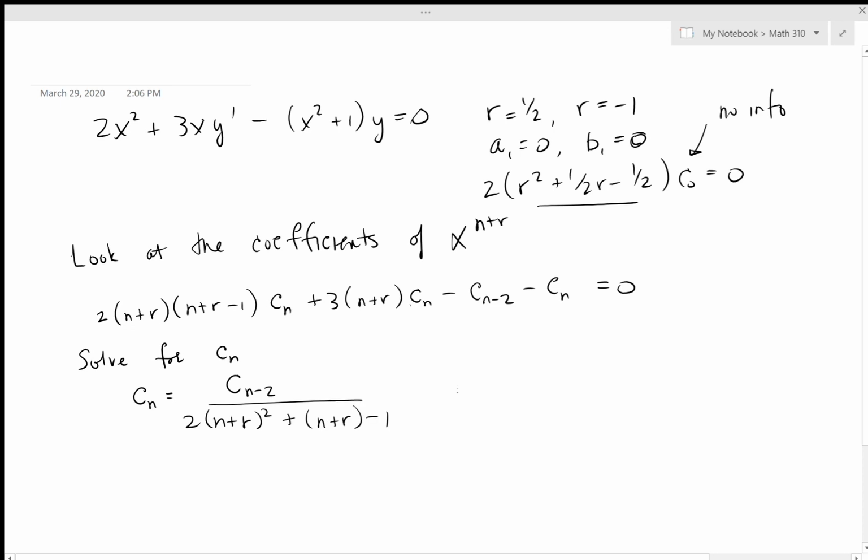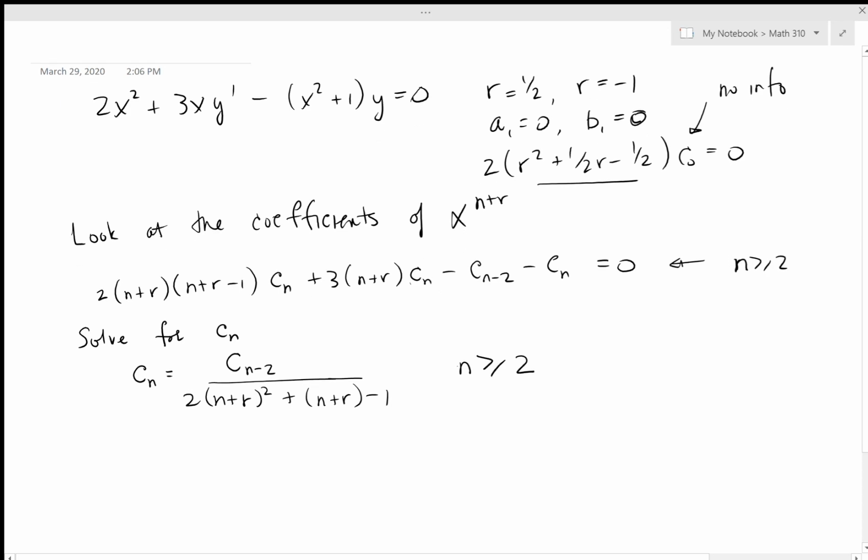And this is true for n greater than or equal to 2, because that's this expression here, for n greater than or equal to 2. I handled the 0 and 1 case separately.